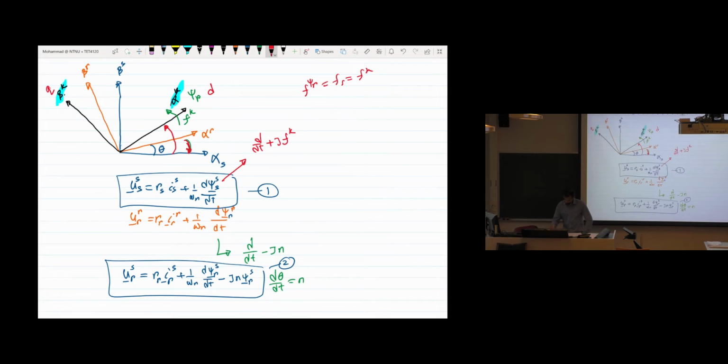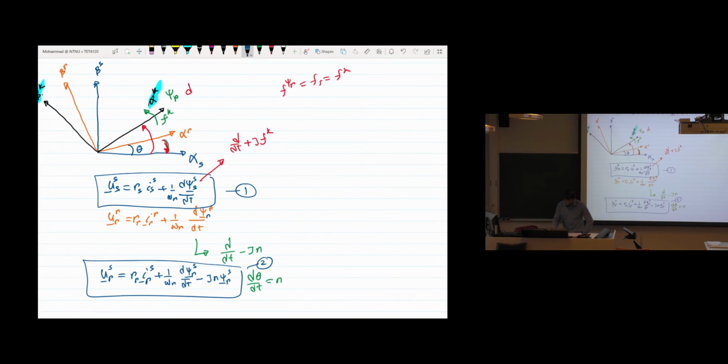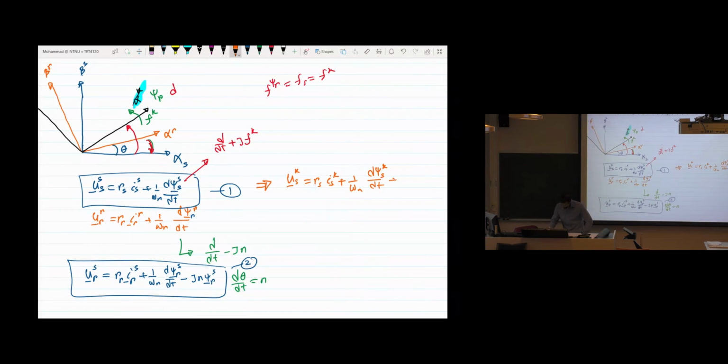Then you will see that you got the new equation for the stator, which becomes us,k = rs is,k + 1/omega_n dpsi_s,k/dt + j fk psi_s,k. Okay, so we got the new quantity there.